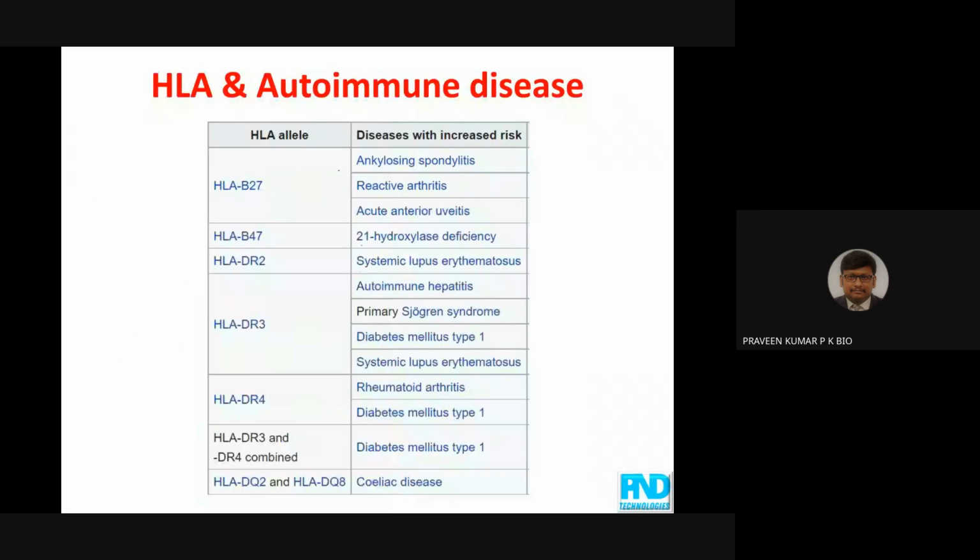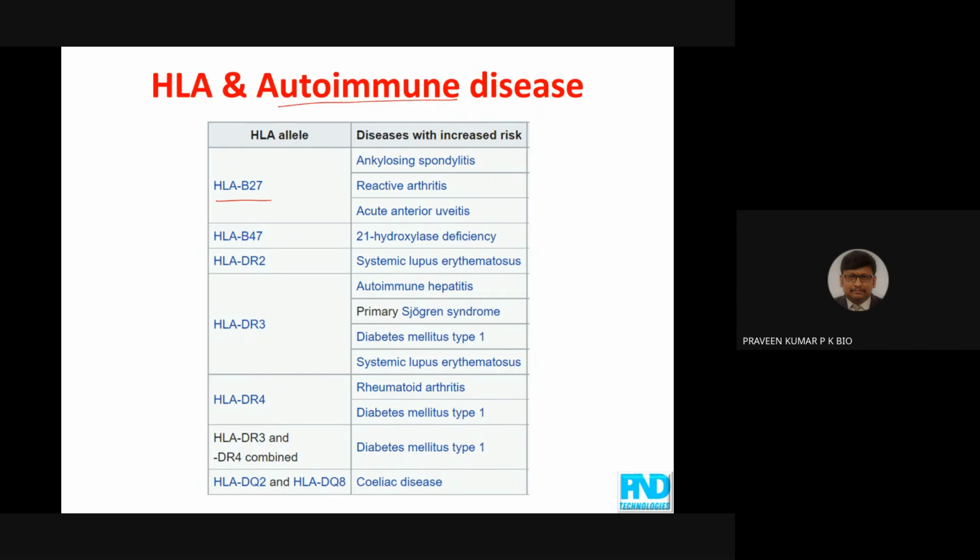And now we discuss how HLA is linked with diseases, especially autoimmune diseases. So HLA-B27: if any population has this allele, for example Africans, they are more prone to get ankylosing spondylitis, reactive arthritis, acute anterior uveitis.